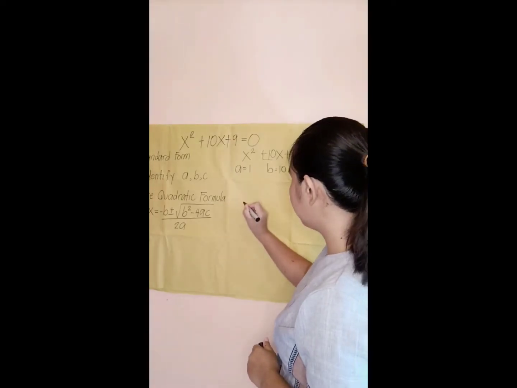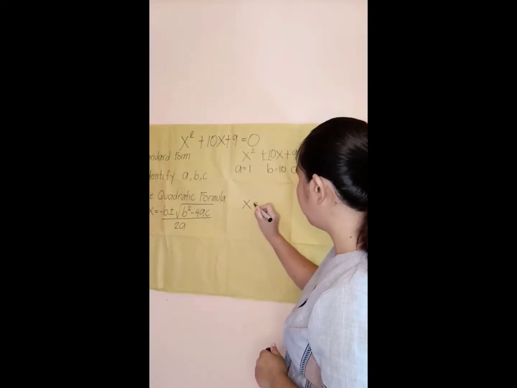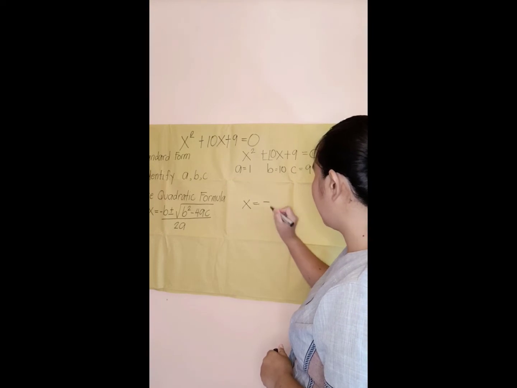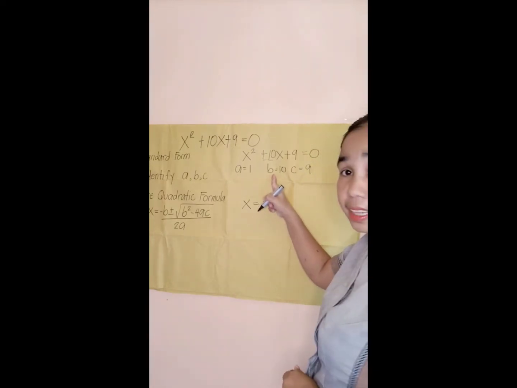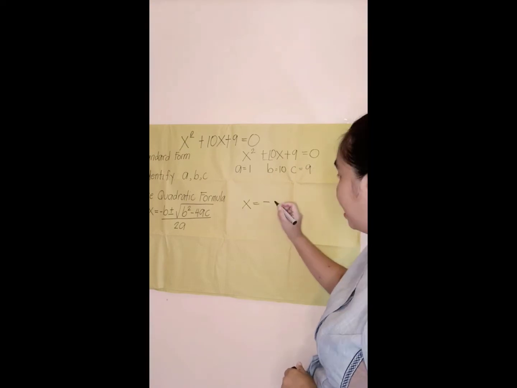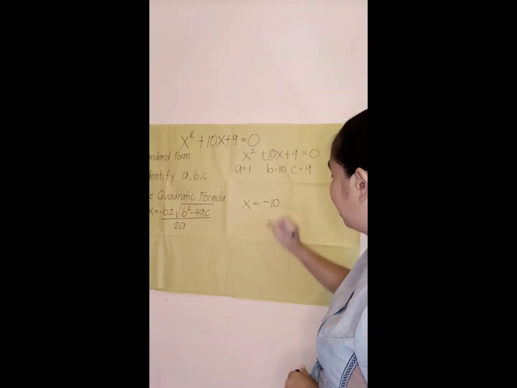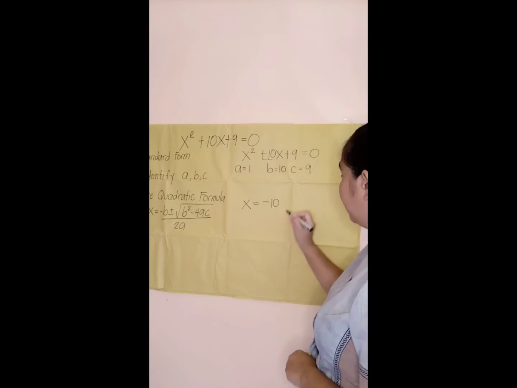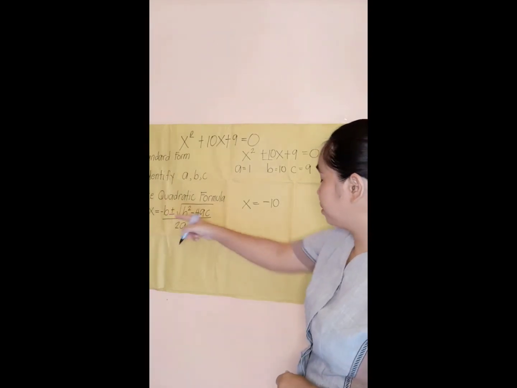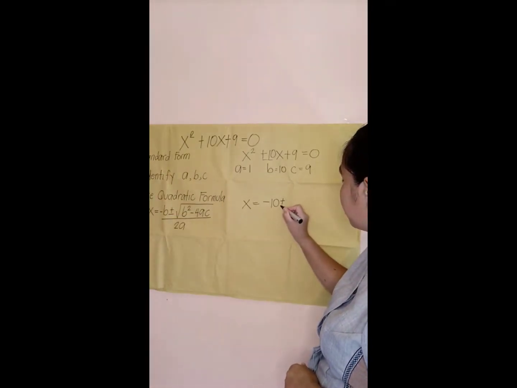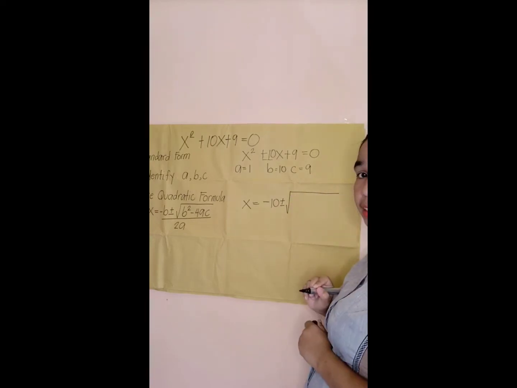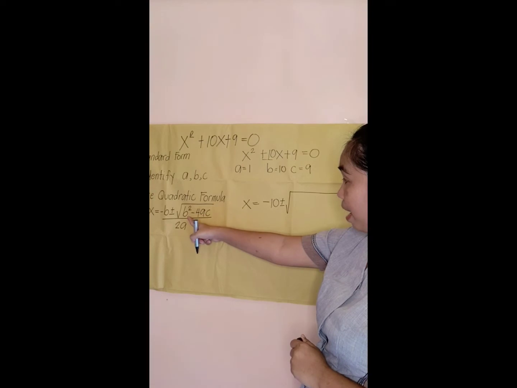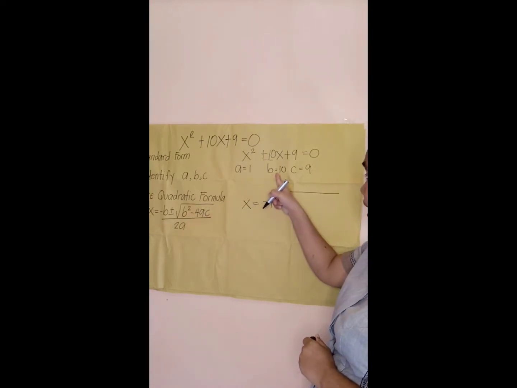So first, sabi niya, x equals negative b. What is our b? That is 10. Yan. So ilalagay mo lang siya dyan, 10. Okay? Then, plus or minus, sabi niya, plus or minus the square root of b squared. Ang b natin dito ay 10.